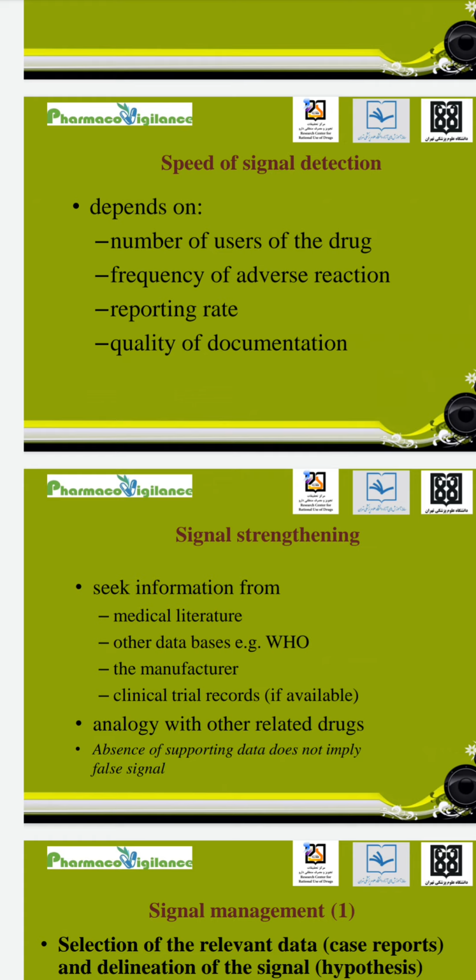As the frequency of adverse drug reaction increases, signal detection increases. Reporting rate and quality of documentation: if the quality increases, the speed of signal detection increases. Quality of documentation, reporting rate, frequency of adverse reaction, and number of users of the drug increase speed of signal detection.